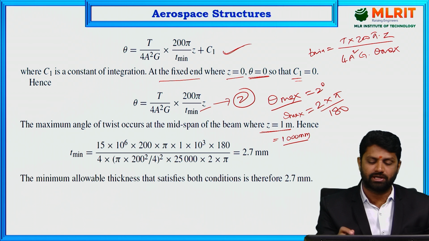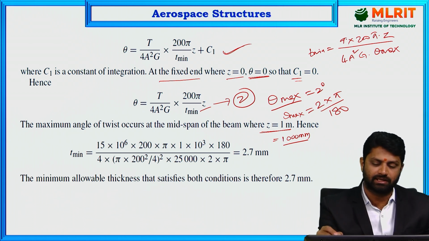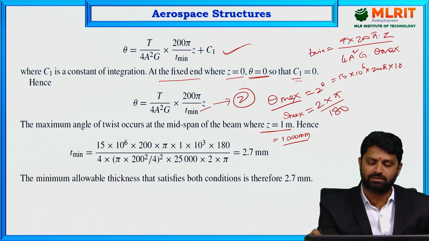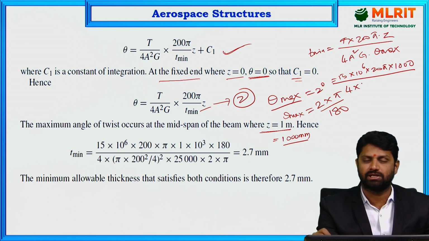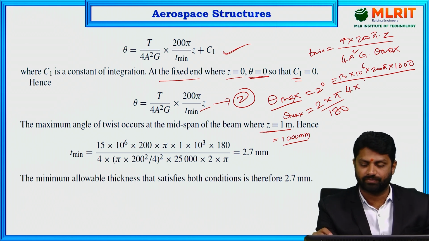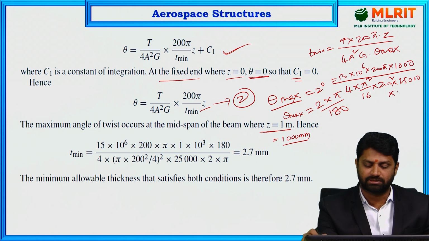When we substitute, the torque is again taken as 15 into 10 to the power of 6, and 200 into pi into z is 1000, divided by 4A square. A square is pi by 4 d square, and when you square it, you get pi square by 16 into 200 square, into G is 25,000, into theta max, which is 2 into pi divided by 180.